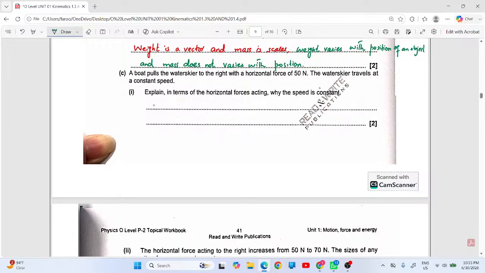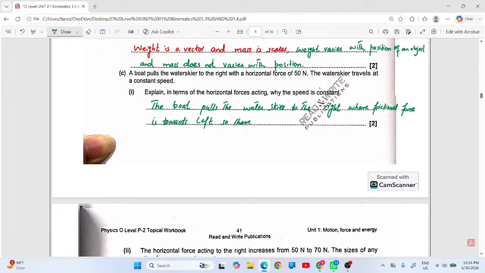The boat pulls the water skier to the right, where the frictional force is towards the left.